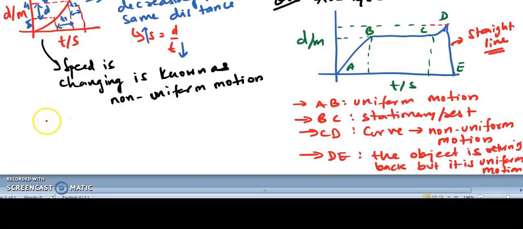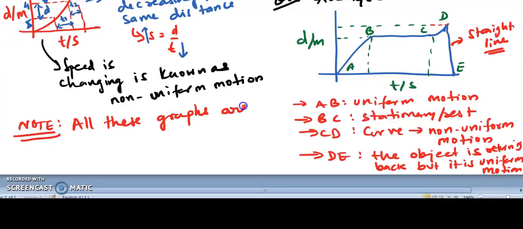All these graphs are also applicable for displacement time.